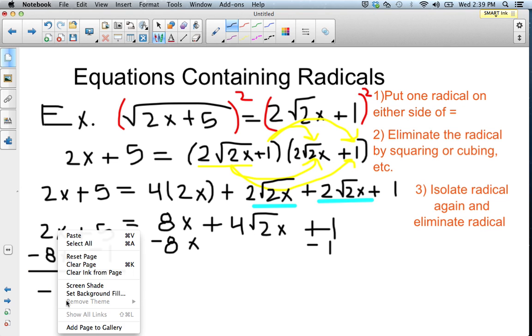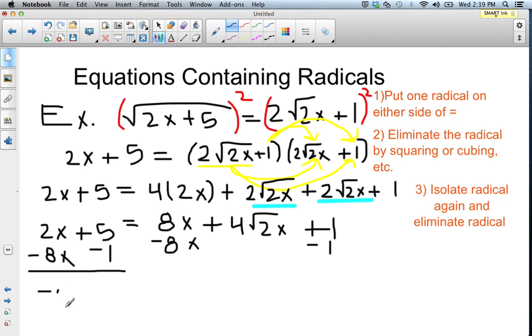So we'll have negative 6x plus 4, equals, and we're left with 4 square root 2x.